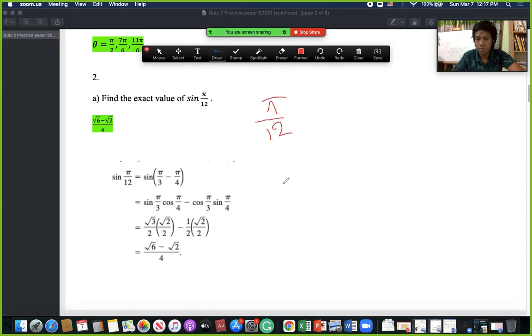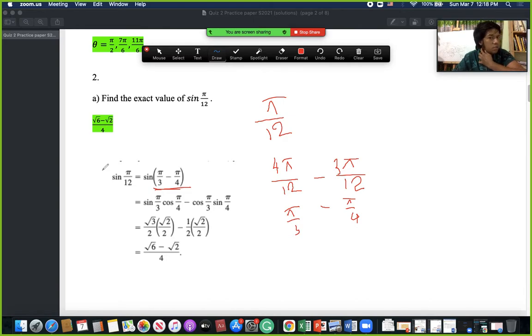If you write it this way, we need pi by 12, so we can write 4 pi by 12 minus 3 pi by 12. So 4 pi minus 3 pi equals to pi. Then if you do the cancellation, it will become pi by 3 minus pi by 4, which is written here. And then we can use the formula to find out the answer.